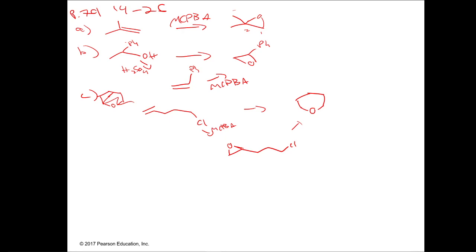Well, we can do a base-promoted cyclization of a halohydrin. In other words, if we add some base, so this might be a 3-step. Actually, you know what? I don't think we do this. I think we do an anti-Markovnikov addition of an alcohol. So we do hydroboration oxidation. So BH3 THF.